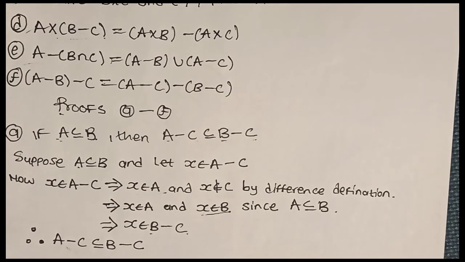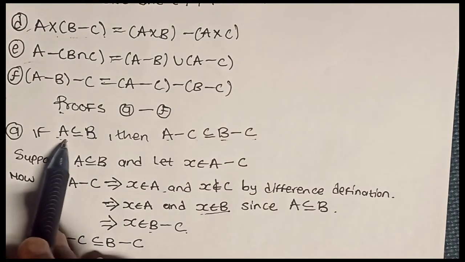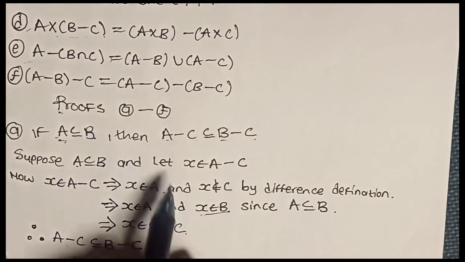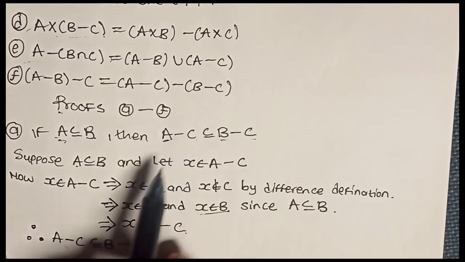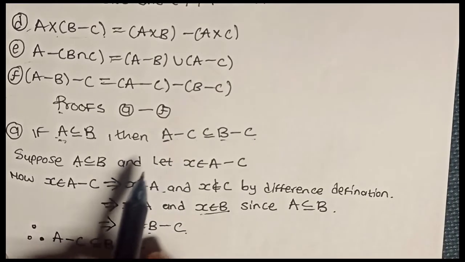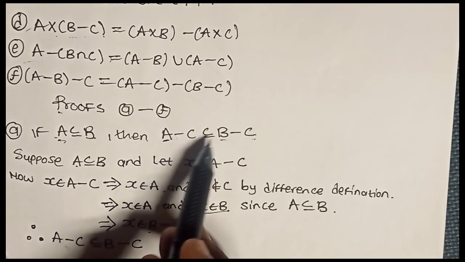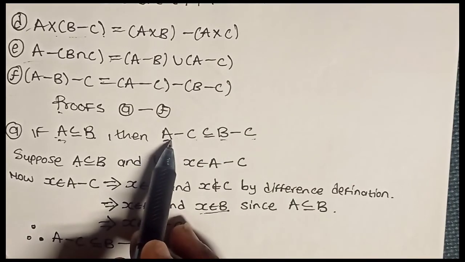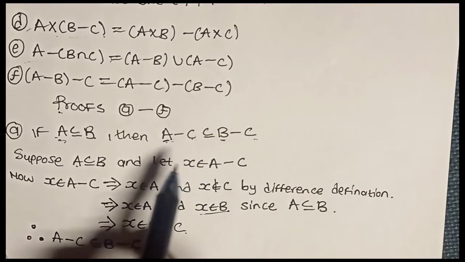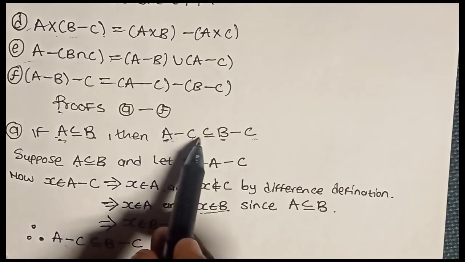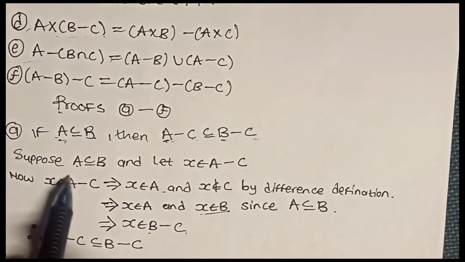So this is what I'm talking about. You're not guessing here, you see, we're using definitions. First things first, you assume your proposition, then I let X be an element of A minus C. For me to show that A minus C is a subset of B minus C, if I let x be an element of A minus C and show that x is in B minus C, then I can conclude that indeed A minus C is a subset of B minus C. And this is what I did.